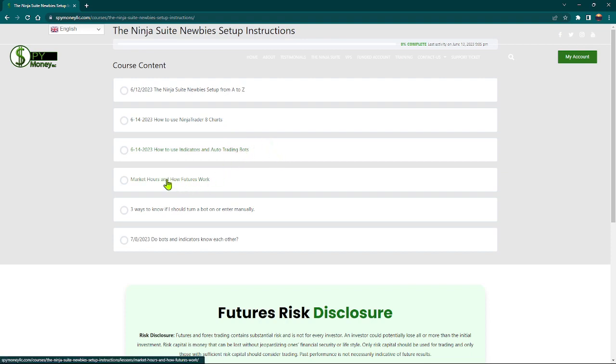And then market hours. There's a lot of people that don't understand futures, and this gives you an idea of how everything works. This one is 3 ways to know if I should turn the bot on or enter manually. So if you're looking to manually trade, you need to know, should I be trading right now? And I teach you how to look back for usually about the last hour, and it will tell you if you should be trading or not, and as far as what kind of time frame may be better.